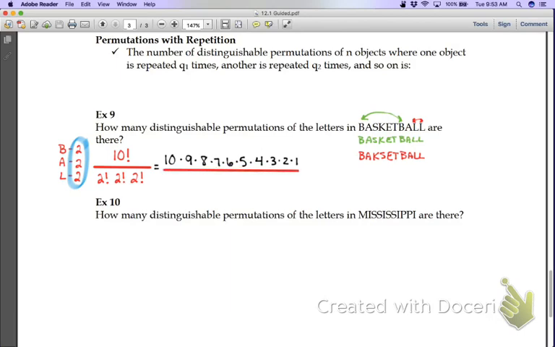The one thing I would tell you, if you type it into your calculator, I would put the 10 factorial in a parenthesis, and then divide, and then put the 2 factorial, 2 factorial, and 2 factorial all in a parenthesis as well. Okay? So whenever you do this, I'm going to have 2 factorial, or 2 times 1, times 2 times 1, times 2 times 1.